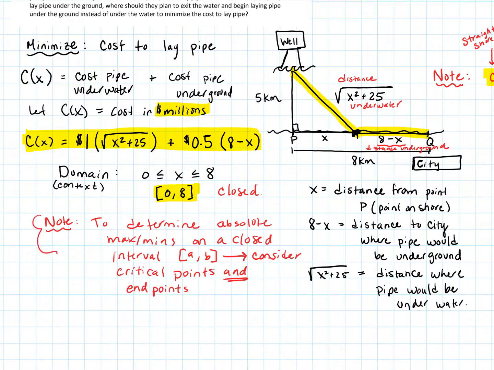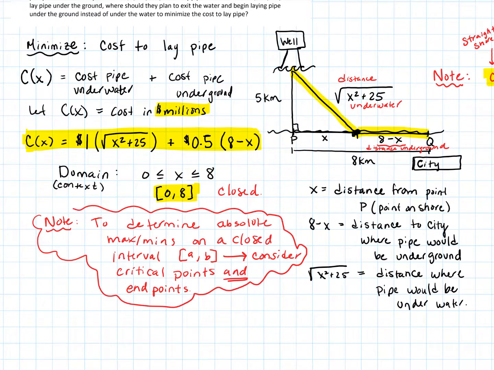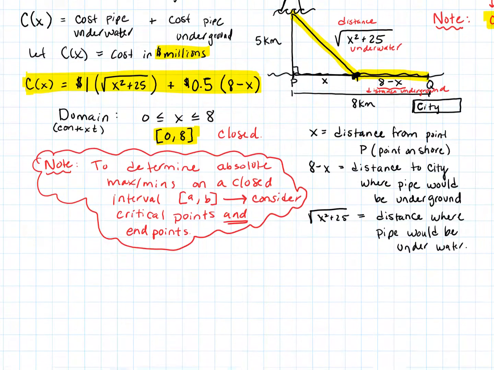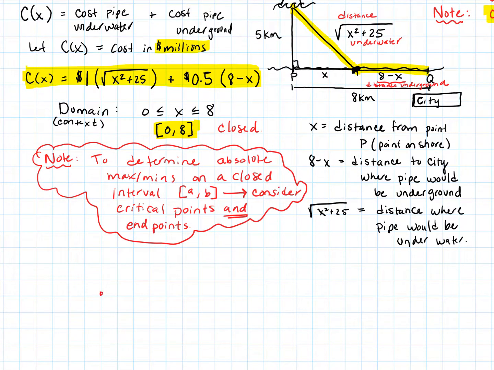Okay. And so I'm going to make that a little note that we want to remember across all of our optimization problems. If we're on a closed interval, we don't want to forget that we have to check those endpoints too, that our absolute maxes or mins can occur at those endpoints. So just as a reminder, that comes from a scenario like this.